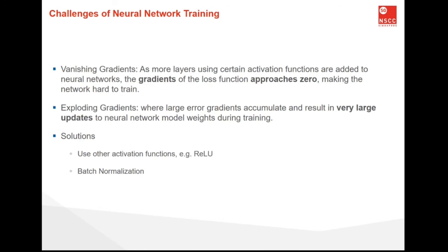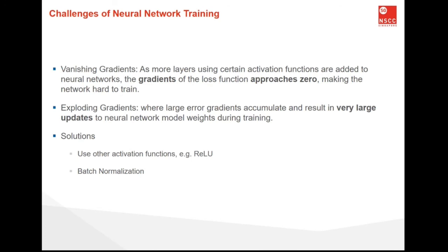Another potential problem is called exploding gradients. Exploding gradients are problems where significant error gradients accumulate and result in a very large update to neural network model weights during training. An unstable network can result when there are exploding gradients, and the learning cannot be completed. The values of the weights can also become so large as to overflow and result in something called NaN values.